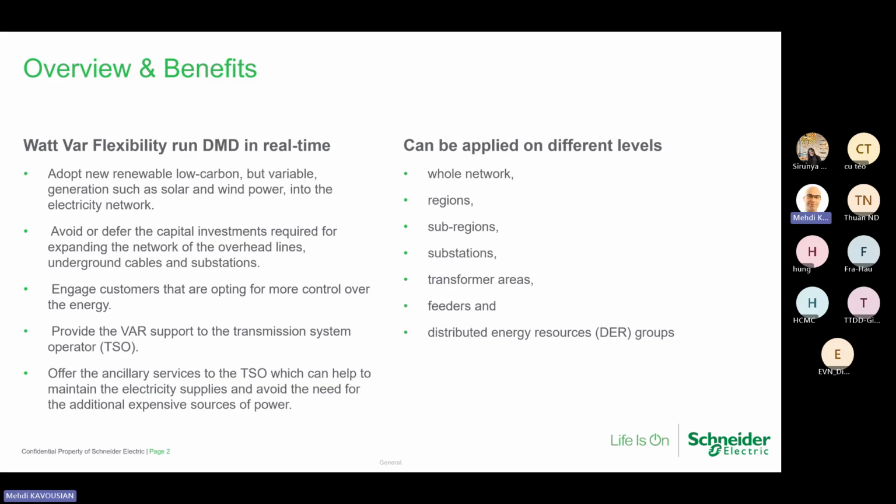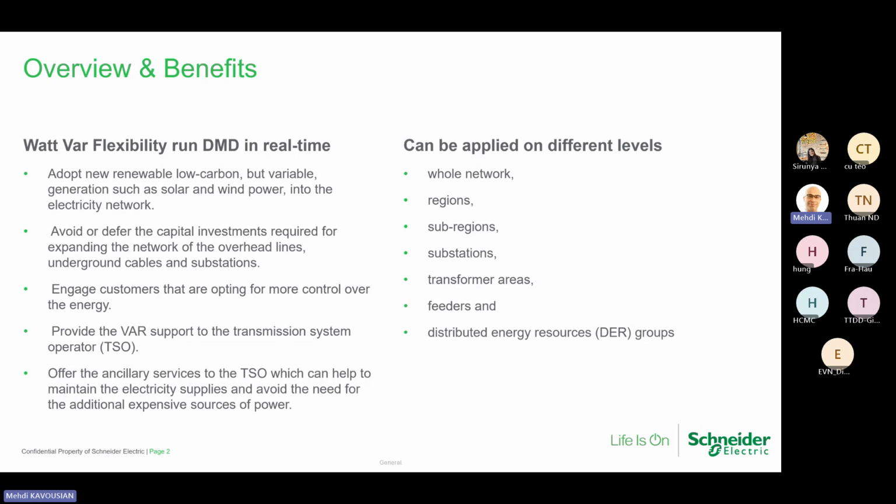When we have a lot of renewables and stuff like that, we want to engage them as much as possible, right? And then we want to avoid capital investment, or let's say you have more load because you have new customers or people have new devices, so you expand roads, those types of things.